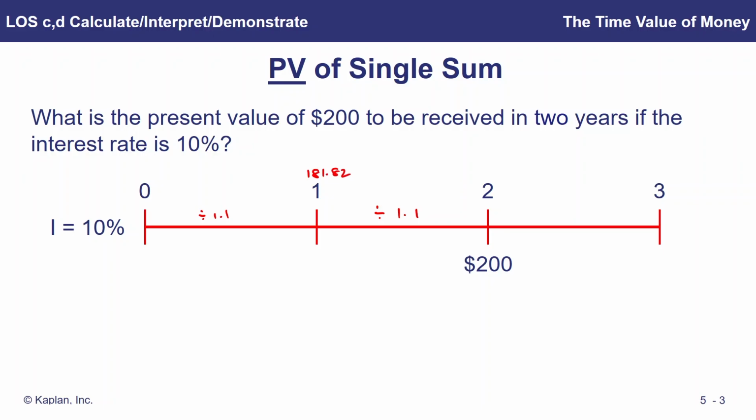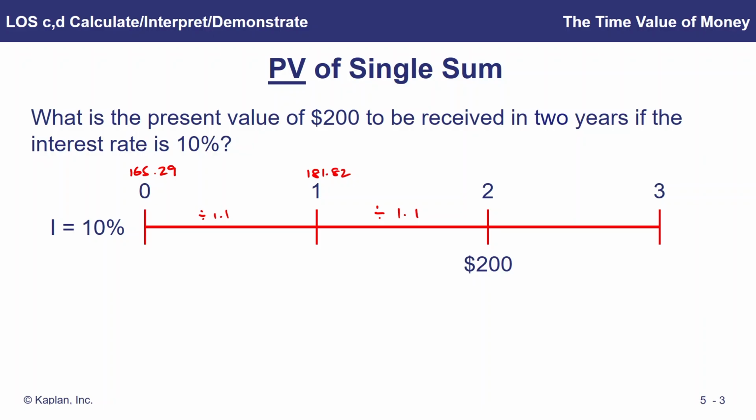Divide it by 1.1 again, and we get, oh, that's not right, 181.82 divided by 1.1. Okay, and I get 165.29. So $200 received in 2 years' time is the equivalent of $165.29 today if our investor requires 10%.